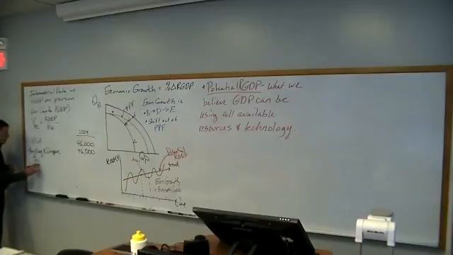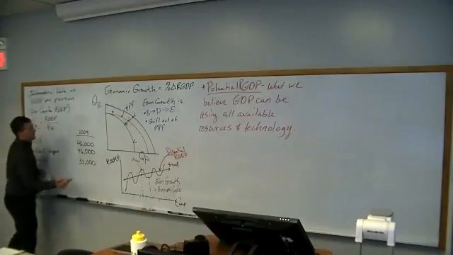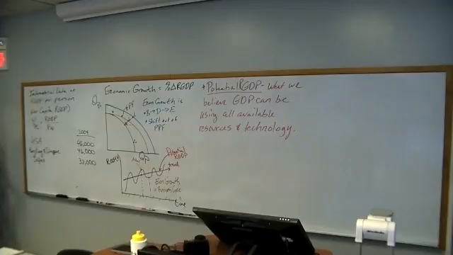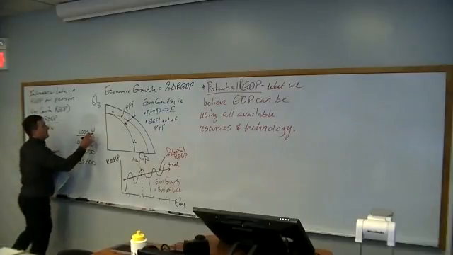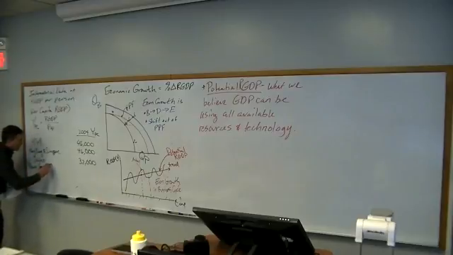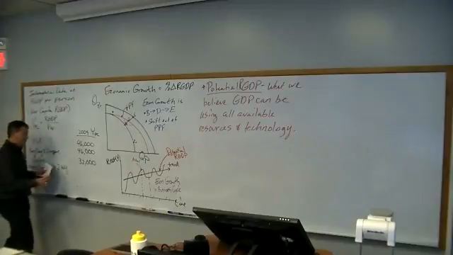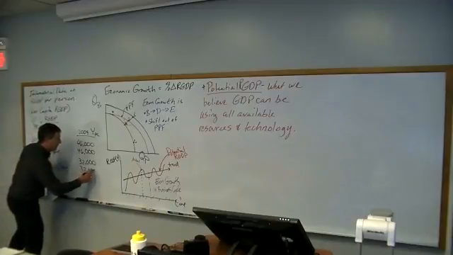Japan, that we spent some time on in the first week, 32,000 per person. So all of these are per capita GDPs. France, Germany, United Kingdom, Italy, some of our European friends over there, $32,000.